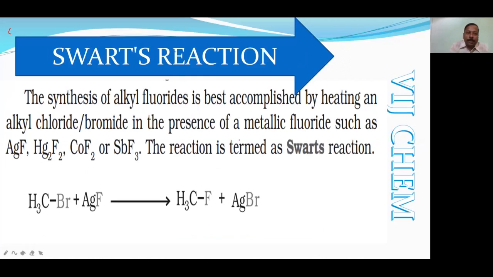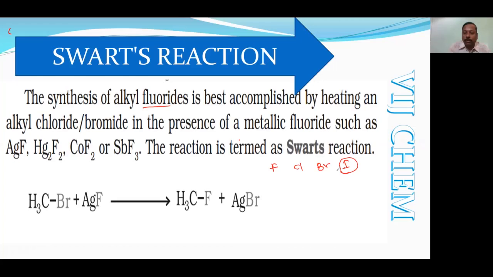Okay. Now let's start with the Swarts reaction. The Swarts reaction is for fluoride. There are only two kinds of problem people in the halogens. Fluorine, chlorine, bromine, and iodine. Iodine is too lazy. It will always carry out the reaction very, very slowly.